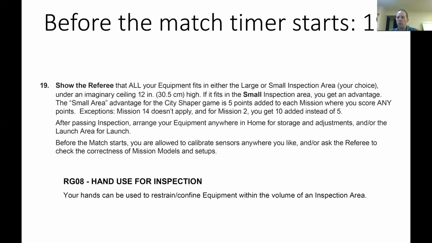Because if we go back, and I'm just going to bring this up on the other screen to read from it, definition 2 was anything you bring to a match for mission-related activity, including the robot, is your equipment. But the mission models that are already there on the table aren't your equipment. They're part of the table.